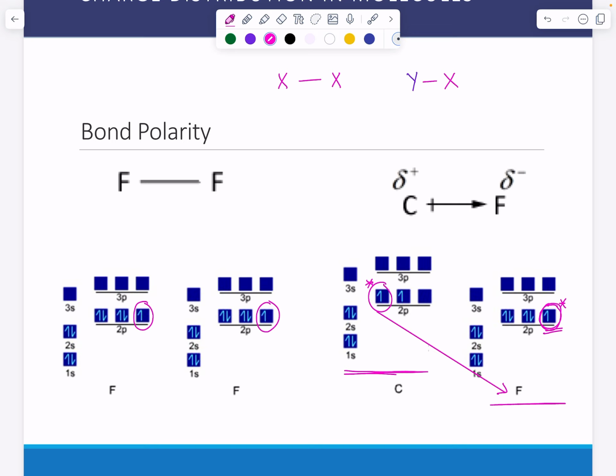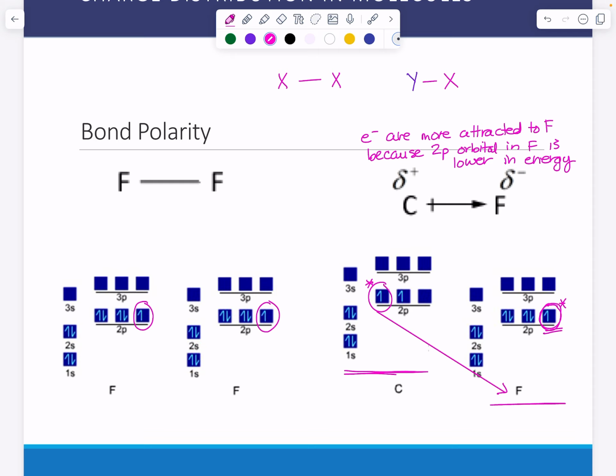So the electrons are more attracted to the fluorine because the 2p orbital in fluorine is lower in energy. So that's the real why of why an electron might be more attracted to one atom than another.